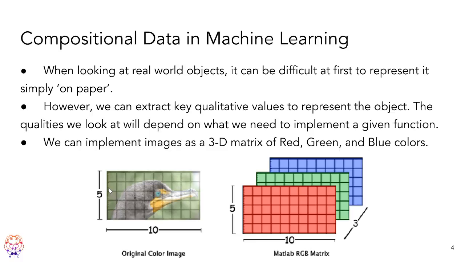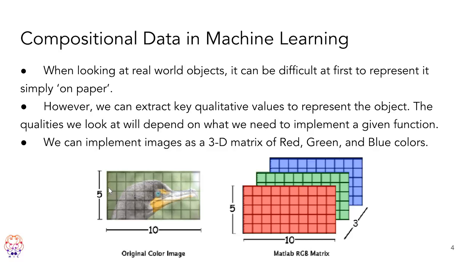If we want to apply compositional data to this, we can think of it as looking for features, or specific pieces of color, in these various RGB matrices. If you have enough of these pieces of color that pertain to a bird, then the probability is high that the image is actually a bird, because those pieces of color sum together and represent this entire entity of a bird. Did everyone get that? Was that clear?